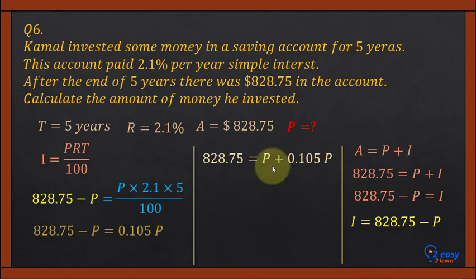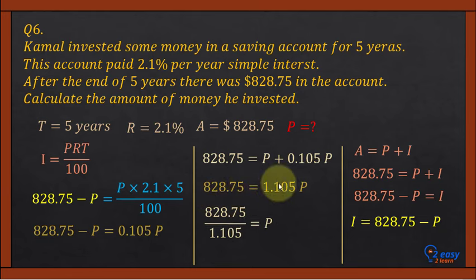Add both P's, we will get 1.105P, and it is equal to 828.75. Now divide this figure by 1.105, and P is equal to $750.